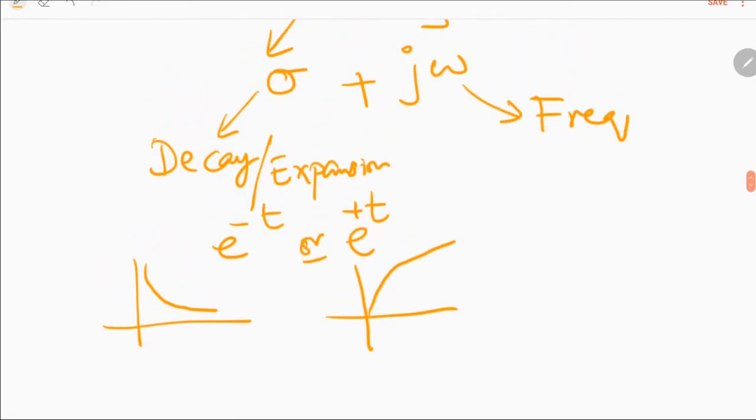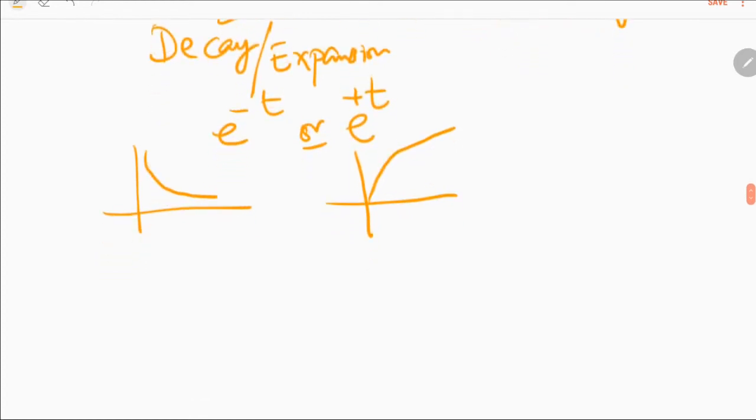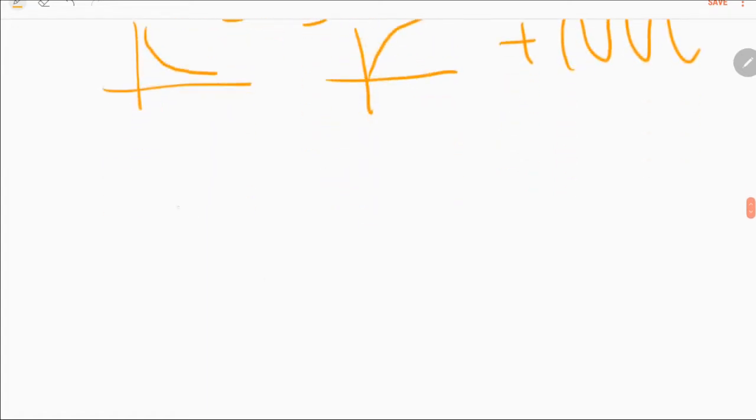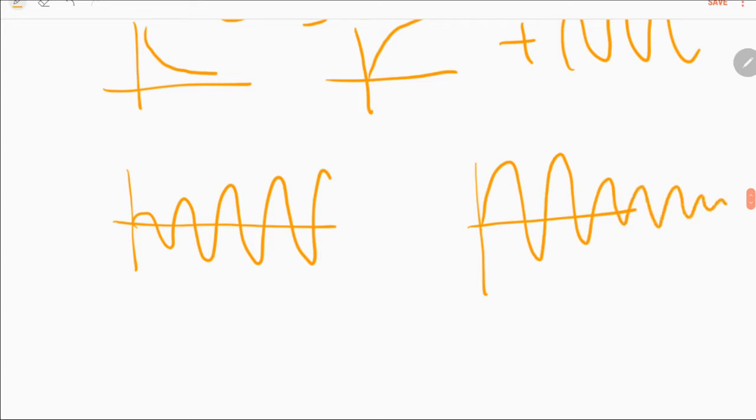So when this is merged with the imaginary part, the frequency information, we come up with a signal which behaves either like this or like this.